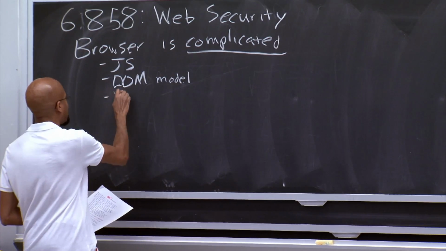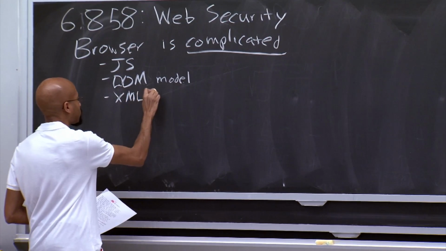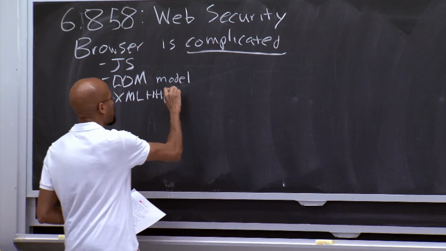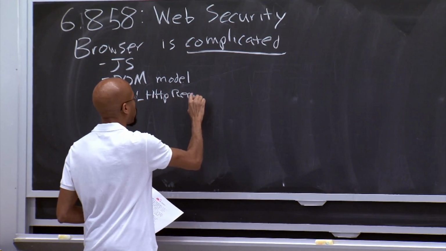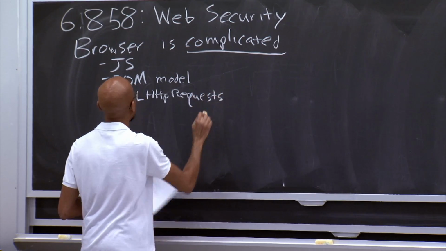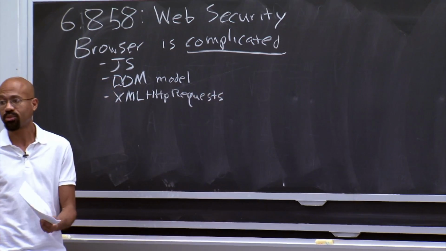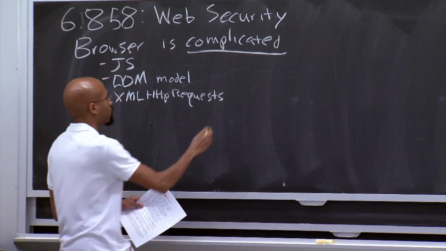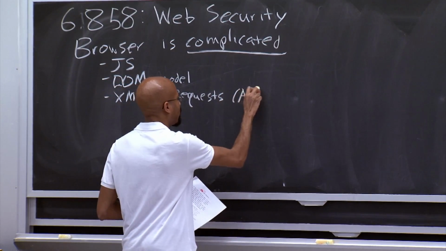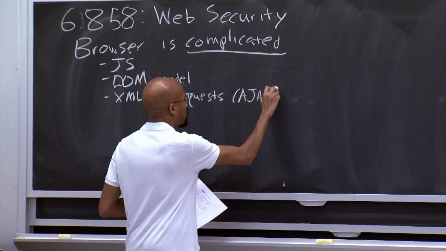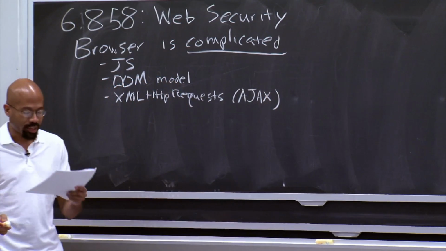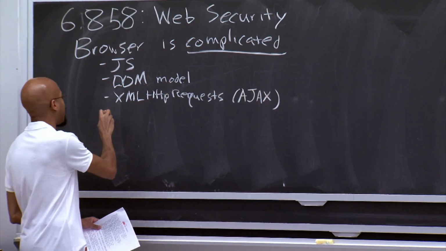There's XML HTTP requests. These are basically a way for JavaScript to asynchronously fetch content from servers. You may also hear XML HTTP requests referred to as AJAX, asynchronous JavaScript fetching.